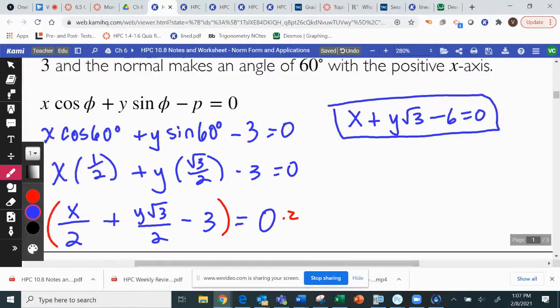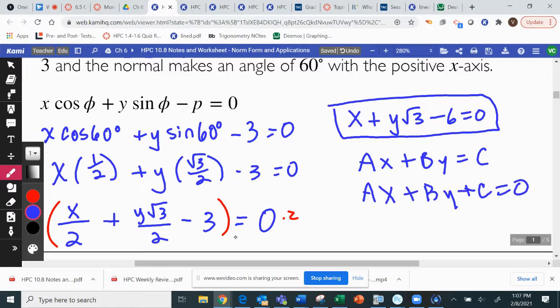Now, when we were doing standard form, like in chapter 1, I was writing it this way, which is a completely acceptable way of writing standard form. There's another way to write standard form. This is also a completely acceptable form.